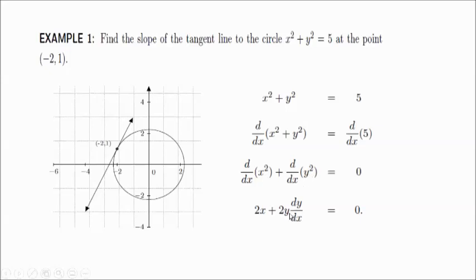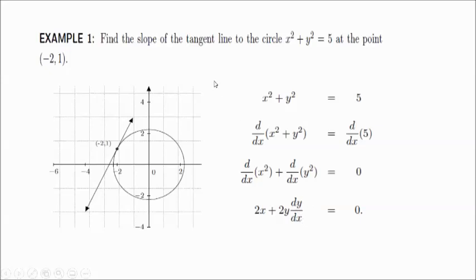This is 2y. Pero depende sa variable, kung hindi siya x, class, in this case y, dadagdagan nyo siya ng dy over dx. So kung ano man yung variable dito, ito yung ilalagay nyo sa taas. So kung, let's say, z ito, this is dz over dx.